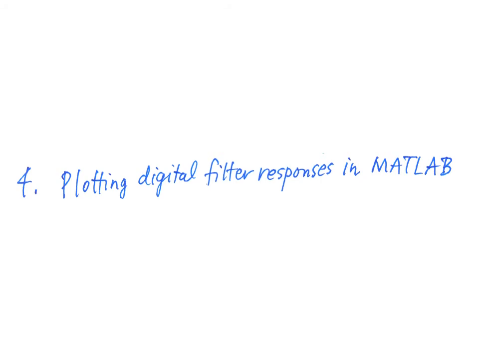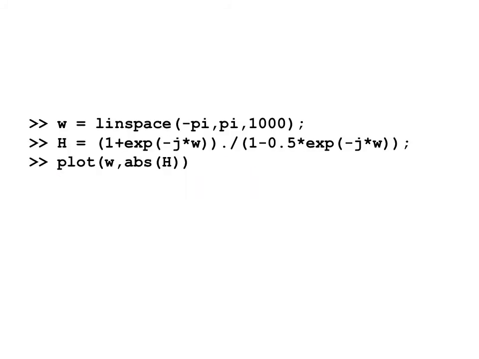Finally, let's take a look at the plotting of digital filter frequency responses in MATLAB. All it is are these 3 lines of code. You're familiar with these because in the previous lecture we covered doing that for continuous time filters. W, which is my symbol for omega, is now defined to be linearly spaced, not logarithmically spaced, because of the periodicity of the frequency response.